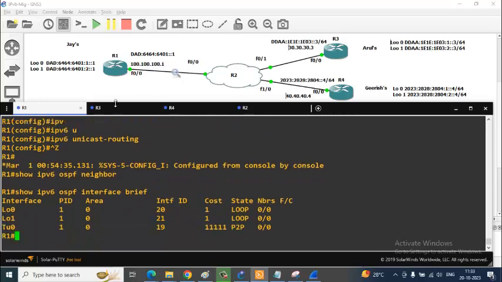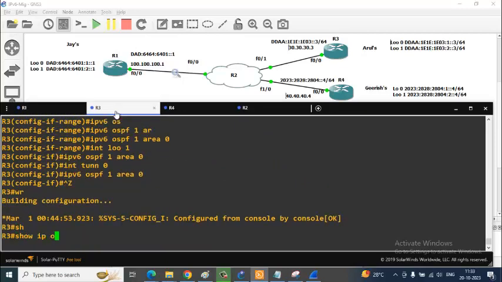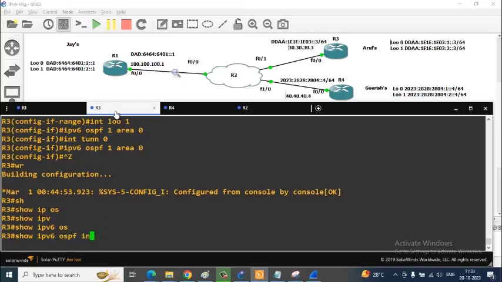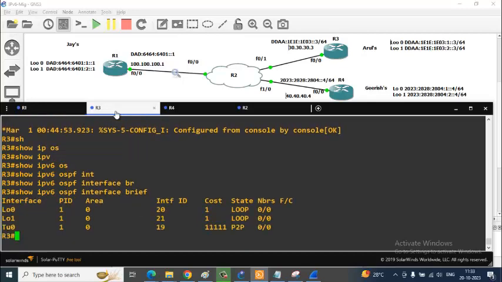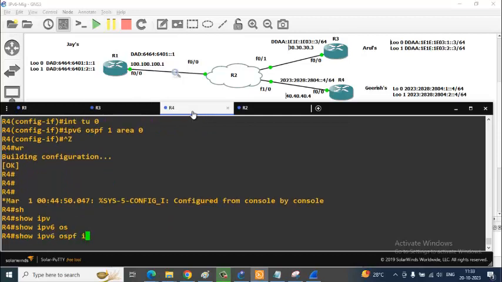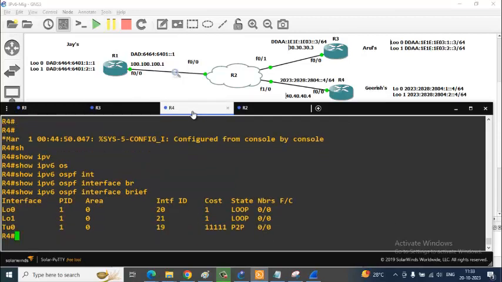What about R3? Show IPv6 OSPF interface brief. Even here it is running. OSPF is running, no doubt, but the neighborship is not happening.